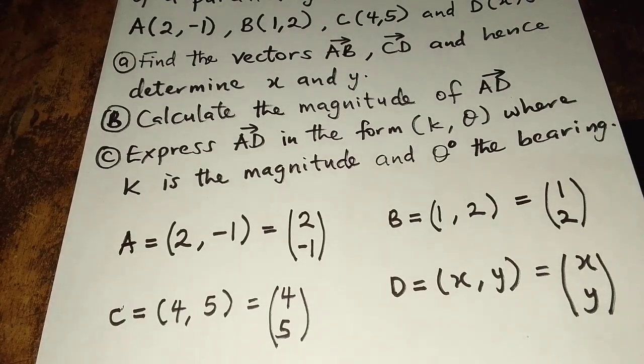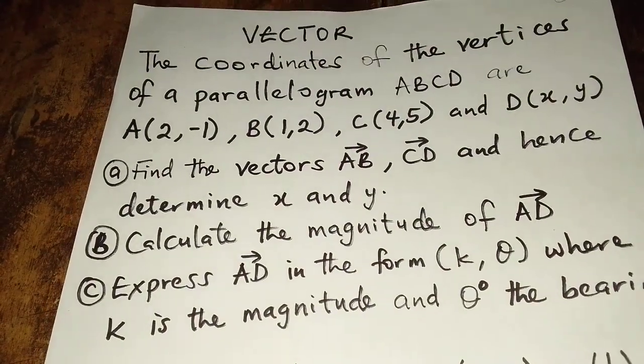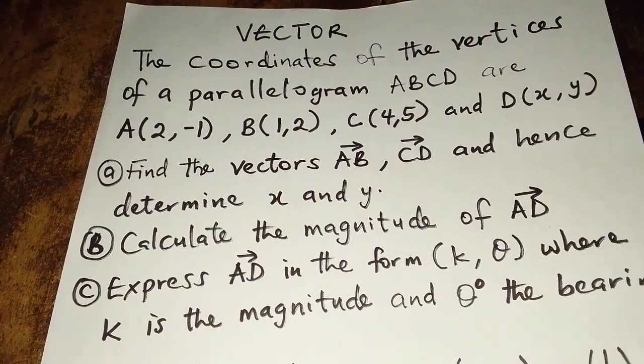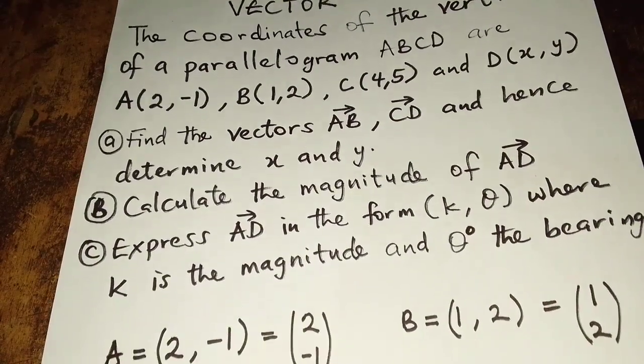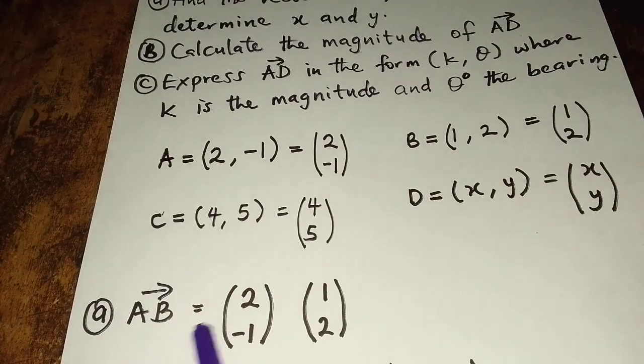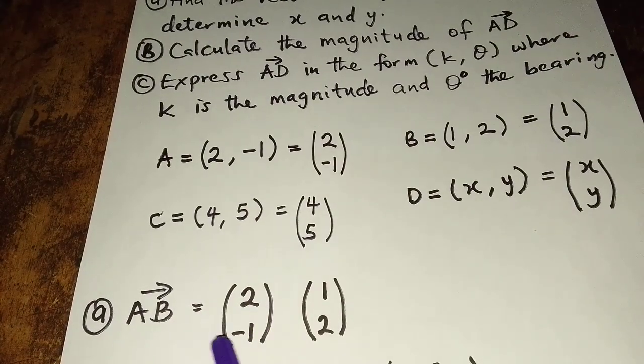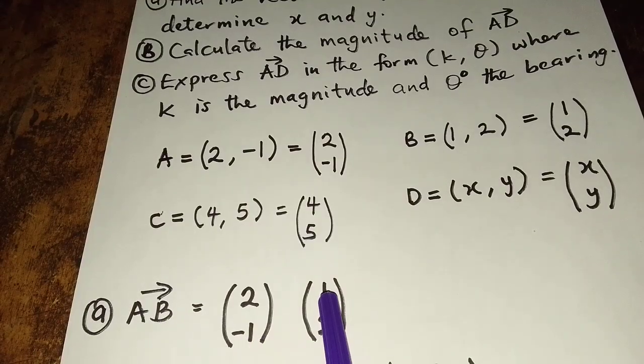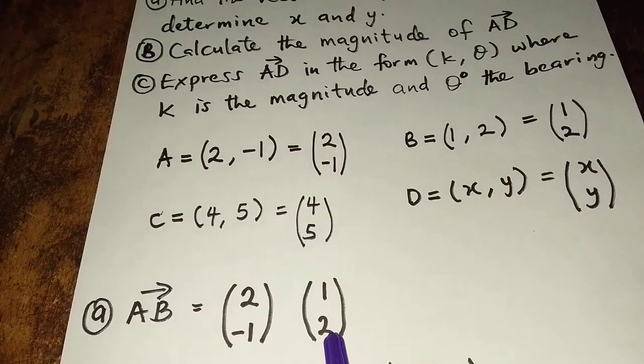Now the question says we should look for AB. First of all, to look for AB, you realize that the coordinate of A is 2 and -1, when x is 2, y is -1. And the coordinate of B is 1 and 2.